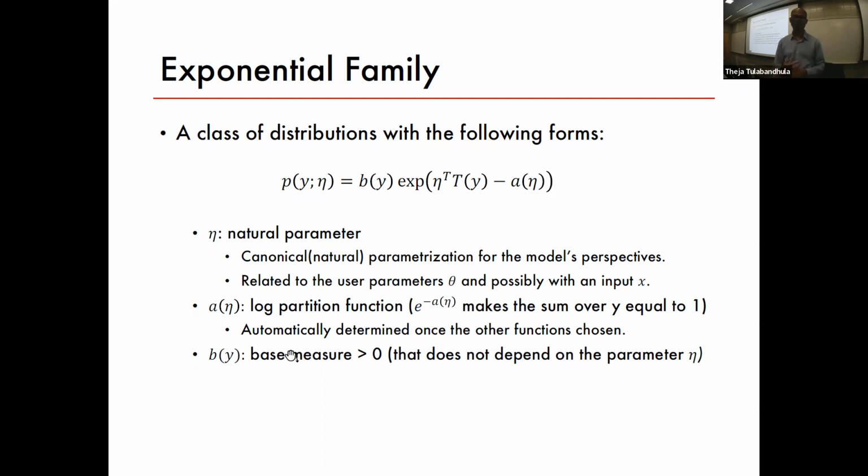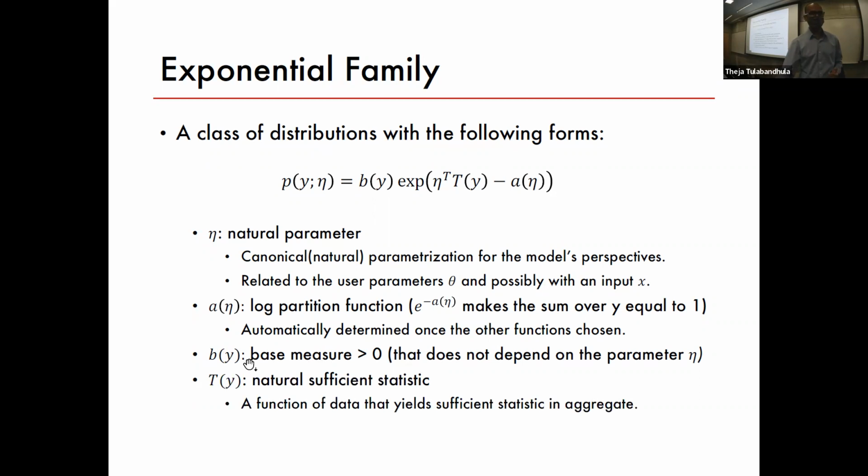I don't want to get into the detail of that. It's just a function of y, so it doesn't depend on eta. And T of y is called the sufficient statistic, the natural sufficient statistic. You can see that the definition of the probability distribution itself is defined in terms of the sufficient statistic.